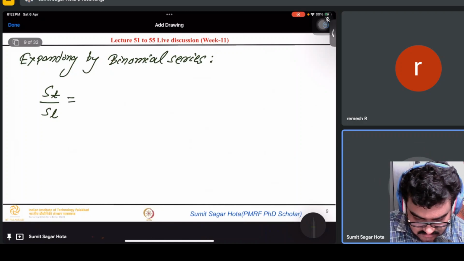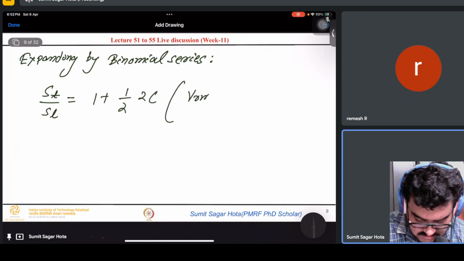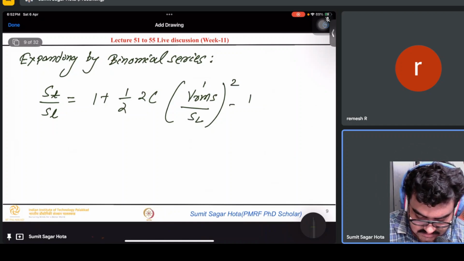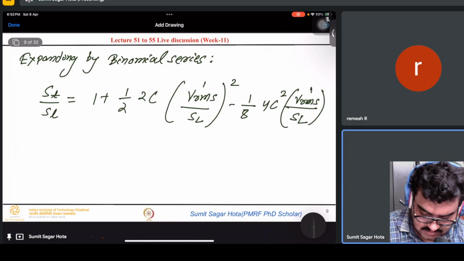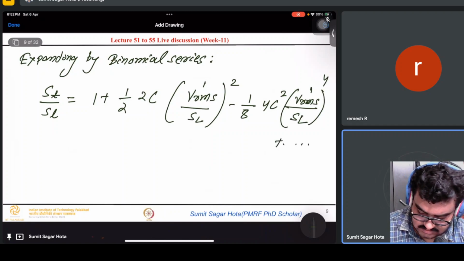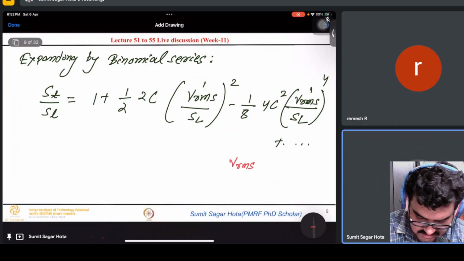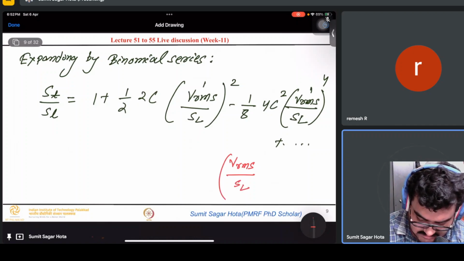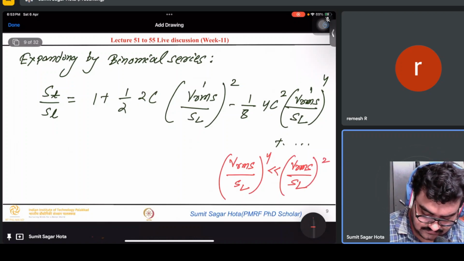So S_T plus 1 by 2 times 2C v_rms prime by S_L squared plus 1 by 8 times 4C v_rms prime by S_L to the power 4th. The S_L to the power 4 term is very much less, so this term we can neglect.